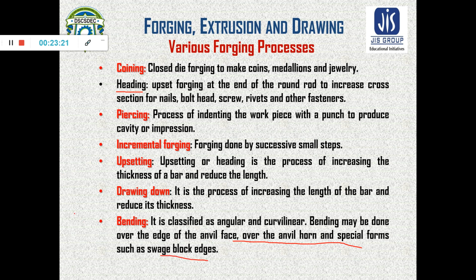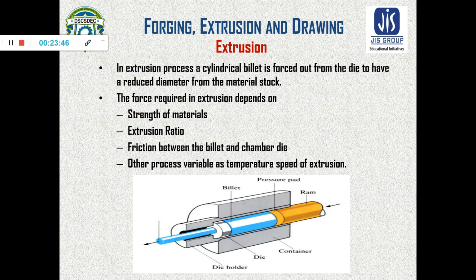So when this is a forging, now we want to make that forging like this. In this portion the bending is required. So bending is done by angular bending or curvilinear bending, and it is done on the horn portion of the anvil or on the edge of the anvil face. So these are the various forging processes.